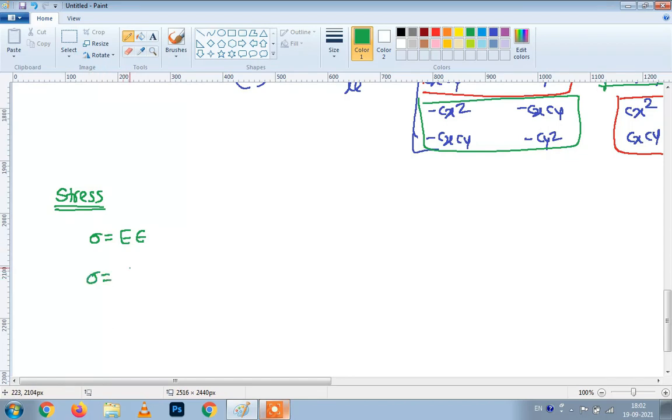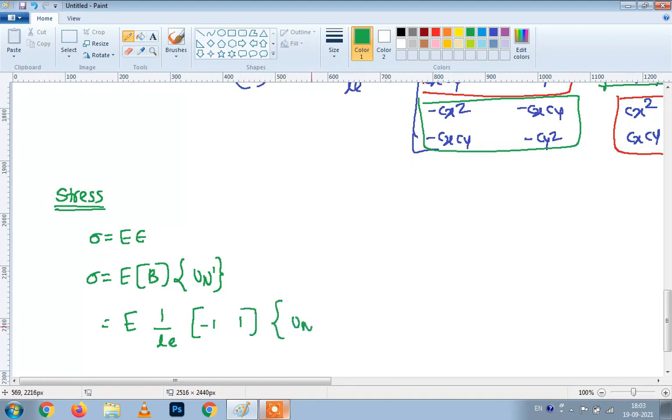We have seen the relationship for strain, that is B into the nodal displacement vector, and the value for B is 1 upon LE into minus 1, 1, into this un dash.